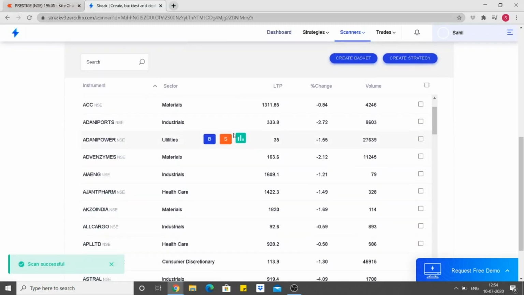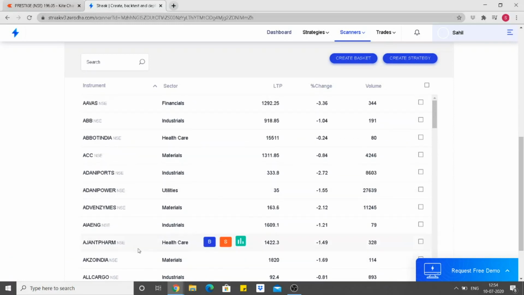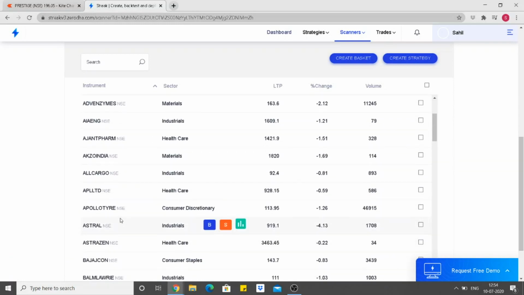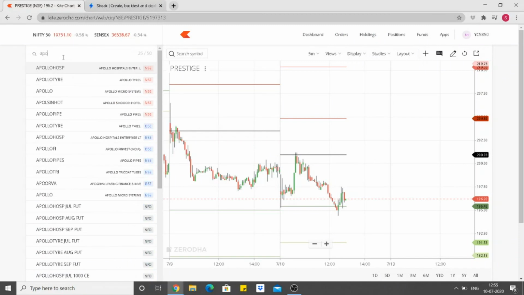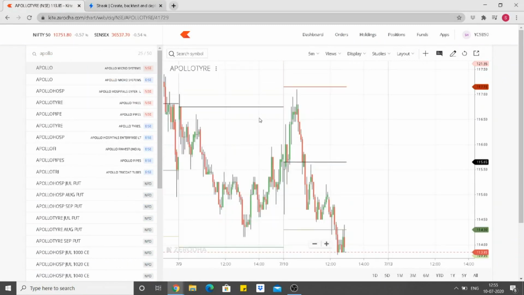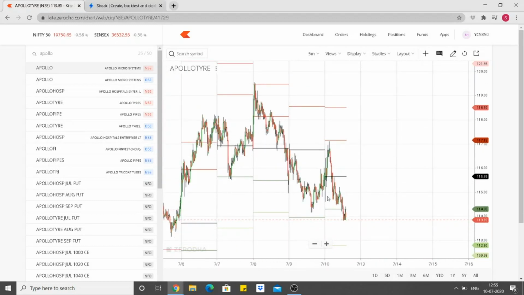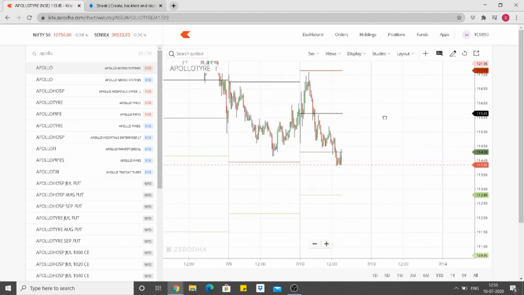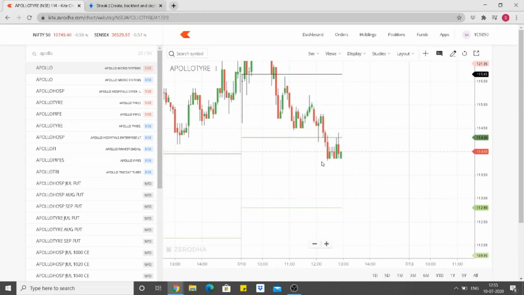Okay, there we go. We have quite a lot of results here. So let's cross verify results for Apollo Tyres. Right here, the lowest point in the last 100 candles seems to be this.